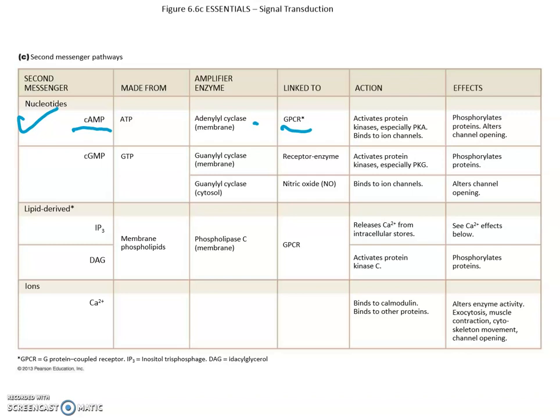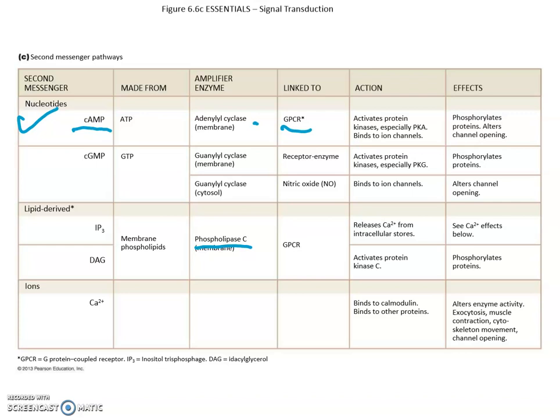How about the lipid-derived ones? If your G protein coupled receptor is activating phospholipase C, this will be the amplifier enzyme. Phospholipase C is an enzyme that will split phospholipids that are part of the phospholipid bilayer. It will split it into its head group, the phospho group, and then the fatty acid residual.